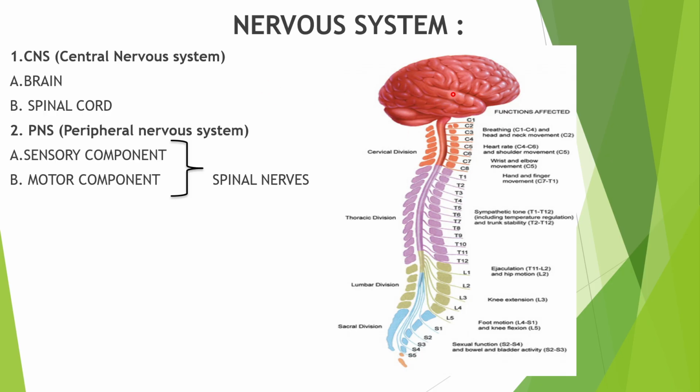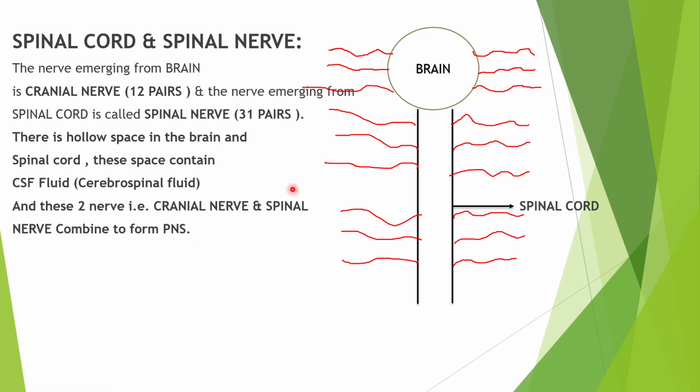In the central nervous system there are 2 parts, the brain and the spinal cord, and the brain has 3 parts: pons, medulla oblongata, and cerebellum. Then the peripheral nervous system has sensory components and motor components, which form the spinal nerve. So let's see the spinal cord and the spinal nerve.